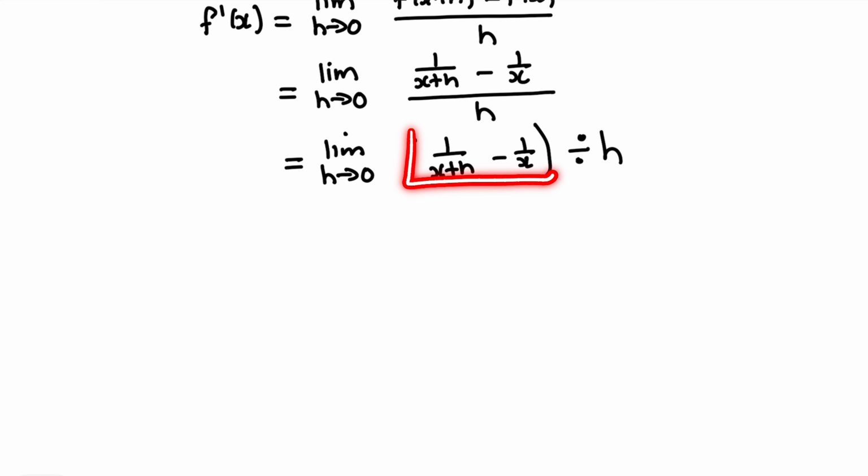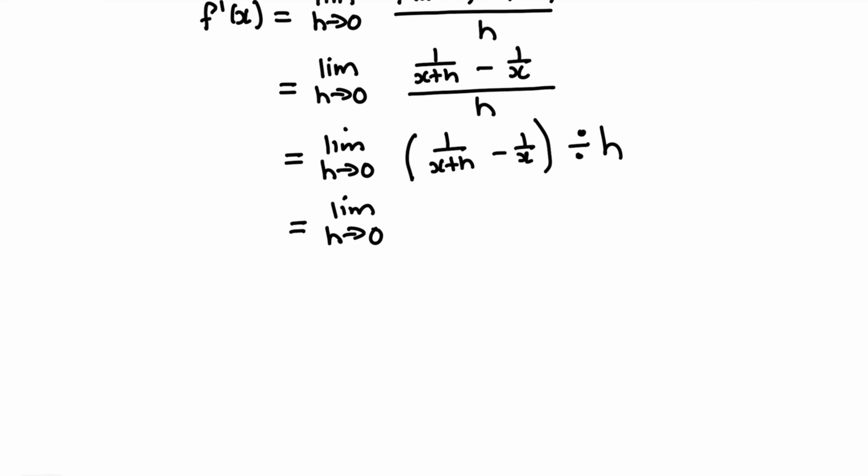So let us first rewrite the numerator as one fraction. So this is the limit of h towards 0, and now I identify my lowest common denominator as (x + h) times x. That's the LCD. Then in our first term, we already have x + h in the denominator, so we need to add an x.